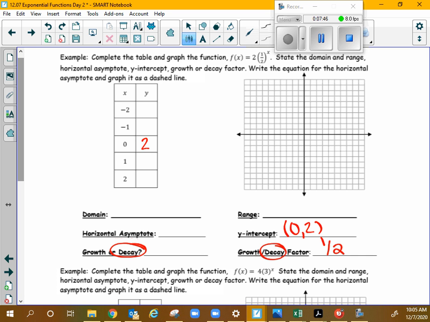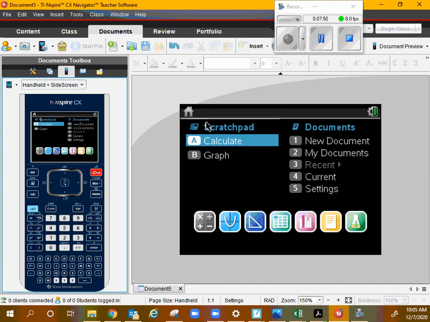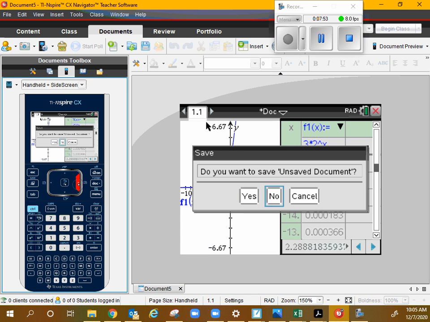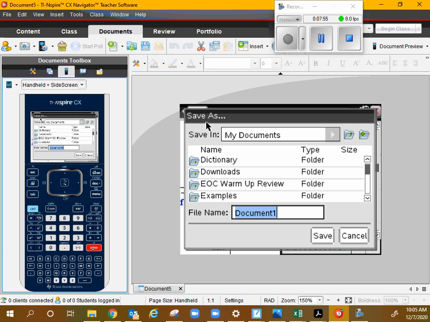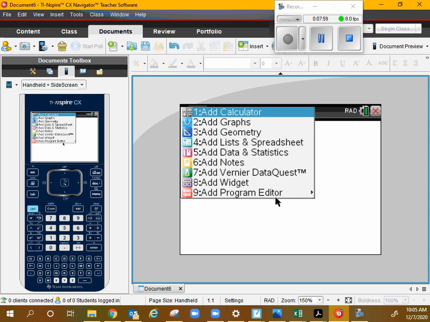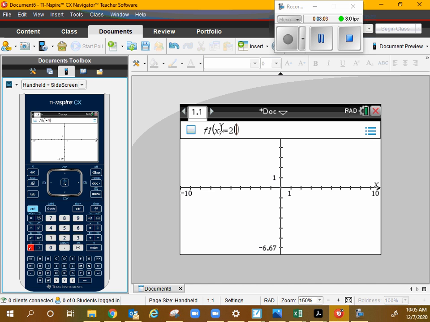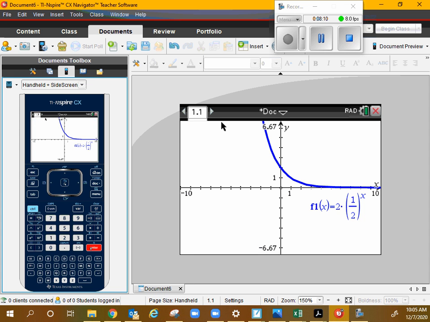Okay, so now let's get all the other information that we need. We are going to open a new document, not save. Enter a graph, 2 times 1/2 to the power of x. Enter. Okay, confirmed, it's decay.